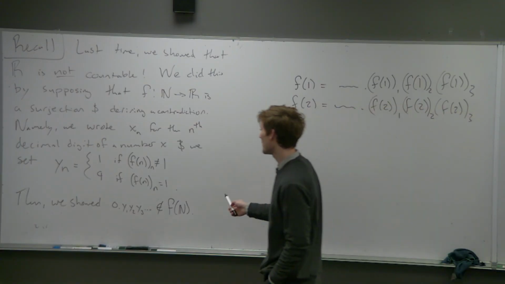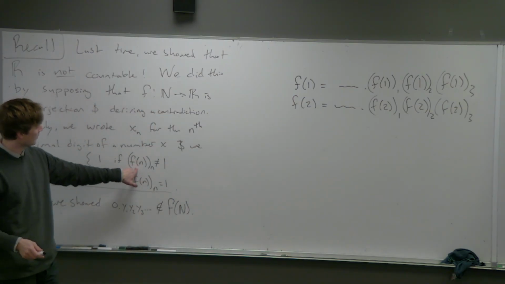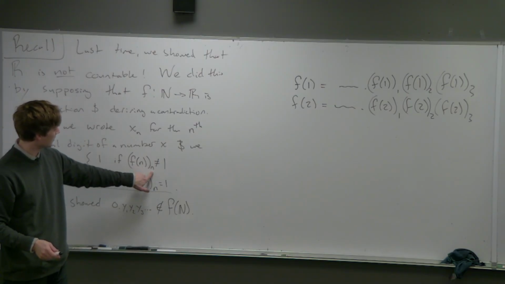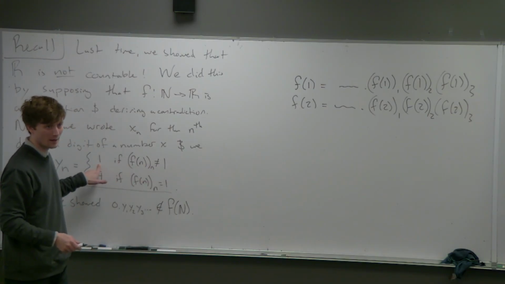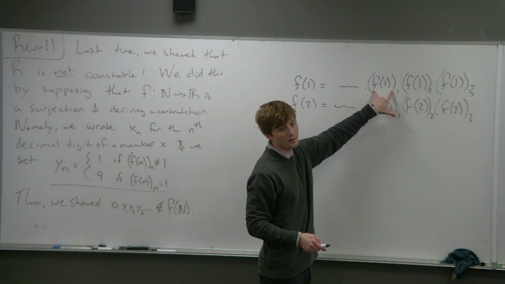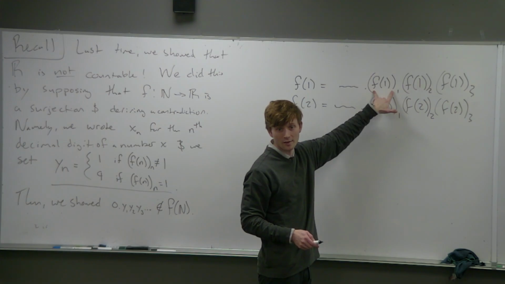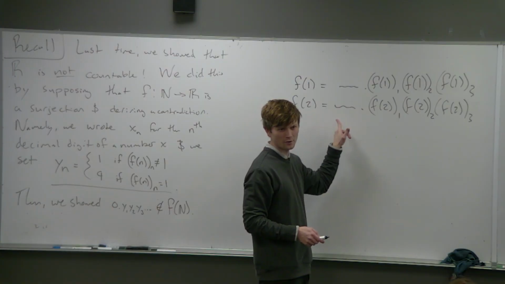Now, when we constructed these y_n, we said, hey, if the nth decimal digit is not equal to 1, we'll make this one equal to 1, yeah? So, if, for instance, this is 1, then we have something that disagrees right there. So it certainly is not equal to f of 1. Maybe it's equal to f of 2.